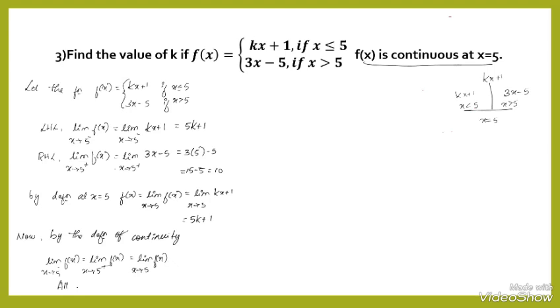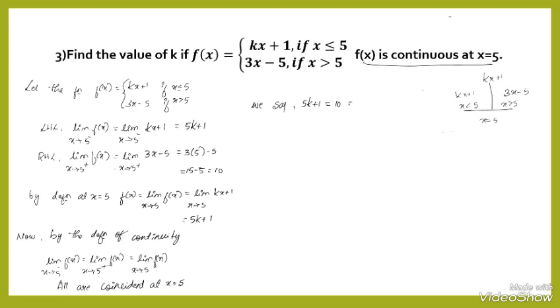All functions are coincident at x is equals to 5. We say 5k plus 1 is equals to 10 is equals to 5k plus 1.